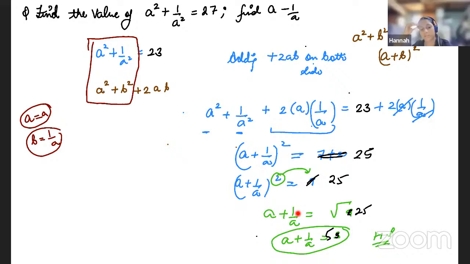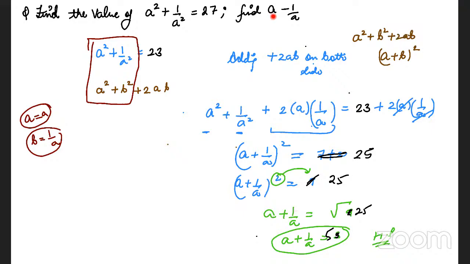I got the answer. Oh, very good. But here we will need an answer of a minus b. So a square plus b square is already there. If I add minus 2ab, then the answer will be a minus b whole square.